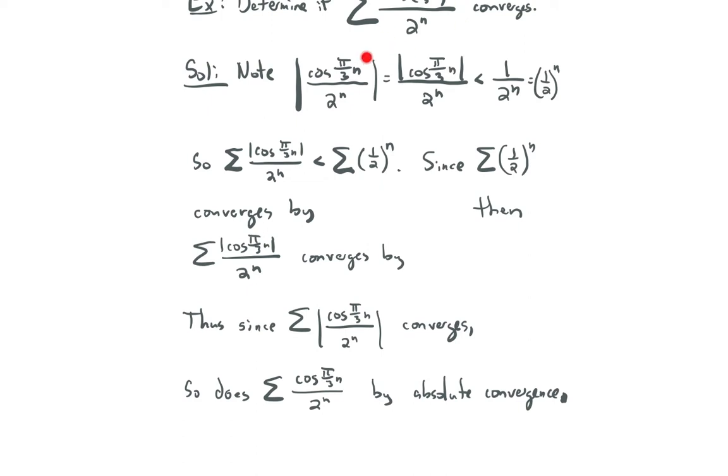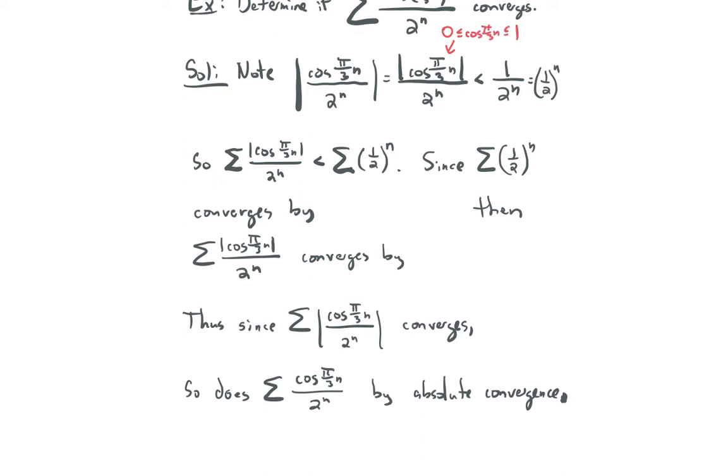So let's look at the absolute value of our term. So cos of pi over 3n over 2 to the n. And 2 to the n is always positive, so I'm not even going to write the absolute value of that here. But I know that cosine of pi over 3n, that's between -1 and 1. So the absolute value is between 0 and 1.